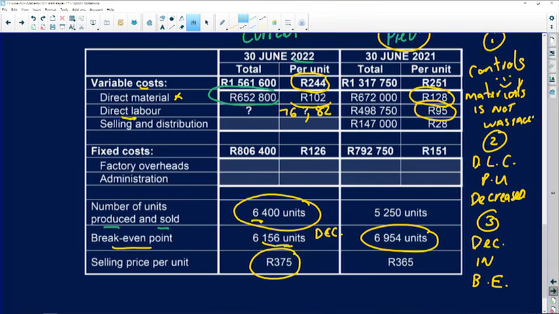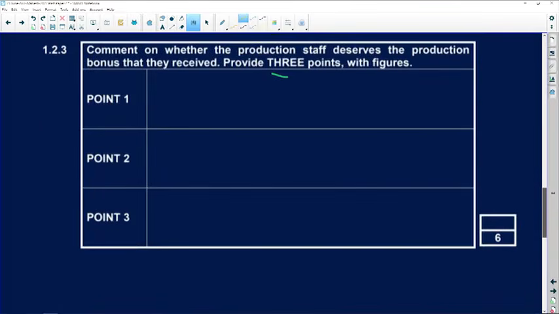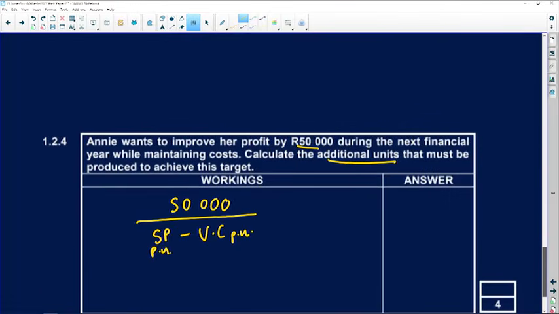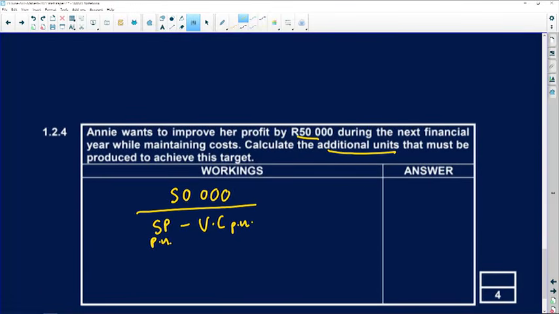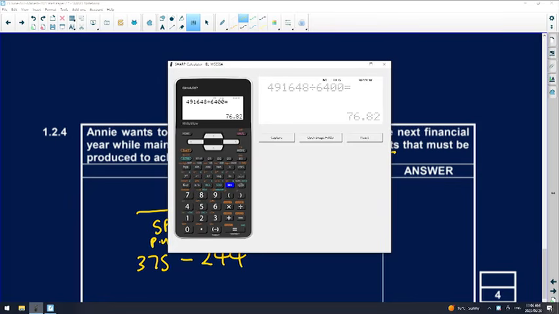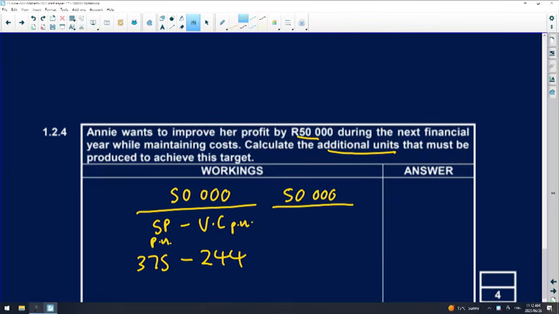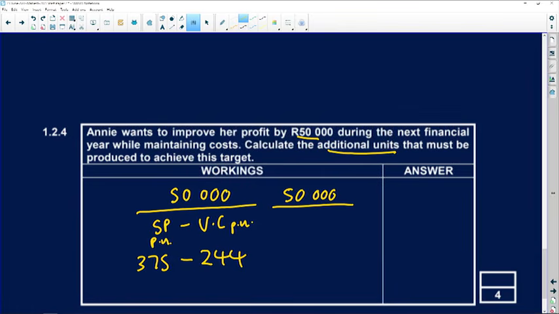Right, so let's take that through in our answer booklet. So the selling price per unit, 375 minus 244. Right, so the additional contribution, I just want to work that out first. 375 minus 244, so it's 131. 50,000 divided by 131.